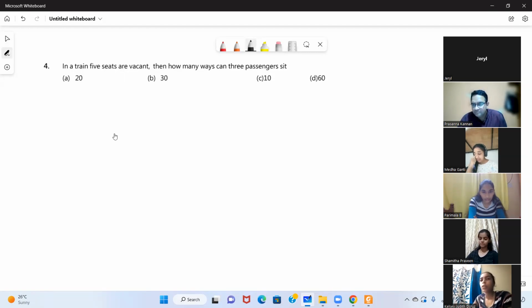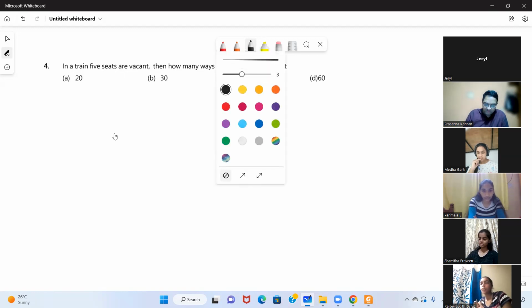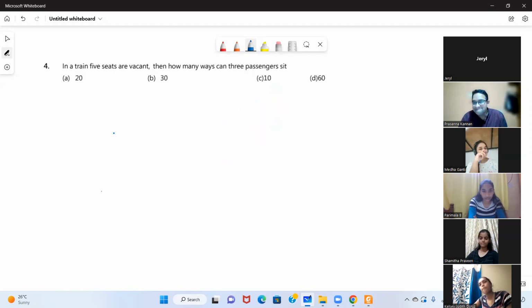They've given that there are 5 seats vacant and 3 passengers have to sit in it. So they can take 5P3. Fantastic. Why is it not 5C3? Meda did 5C3 and told 10. Why did you do 5P3, Kelsey?